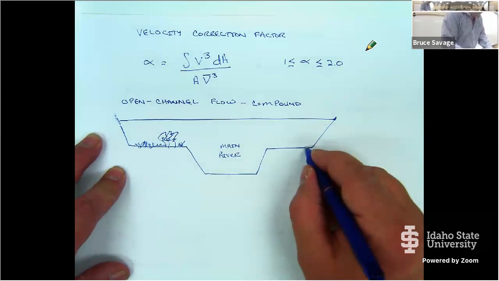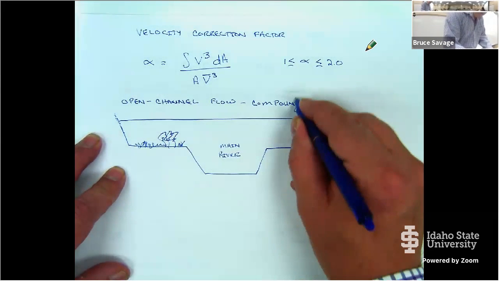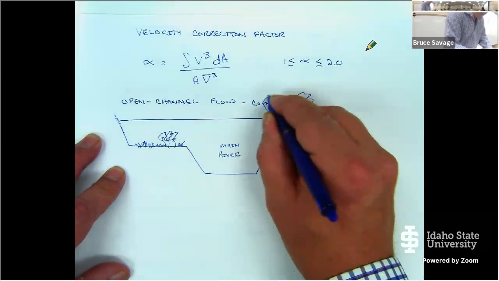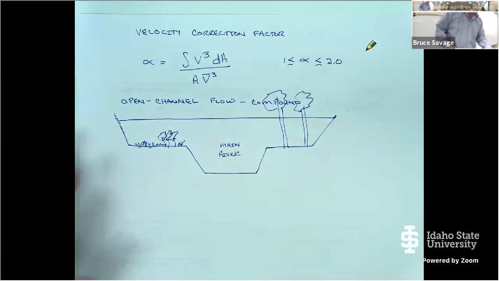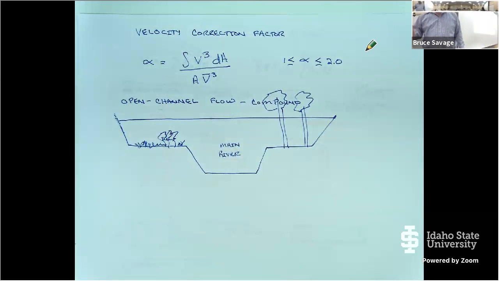And then over here, we're going to put some trees. Okay, so there's going to be different roughness for those components. So when we calculate the momentum going down the channel, we have to treat these as different parts of the channel because the velocity is significantly different in the side than it is in the middle.